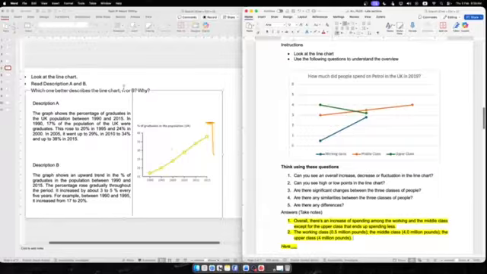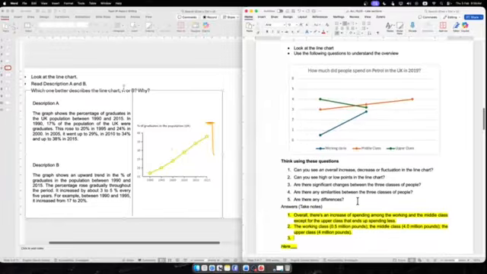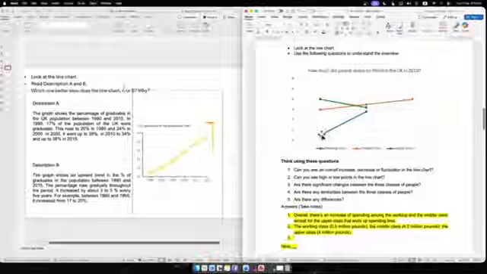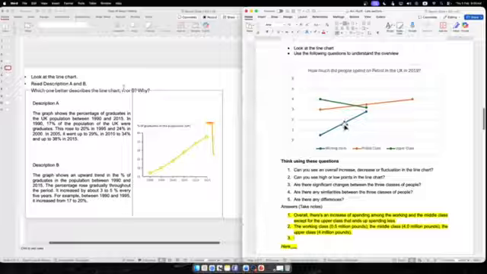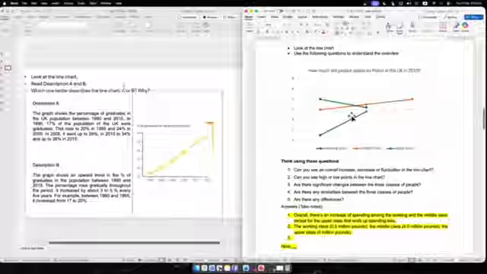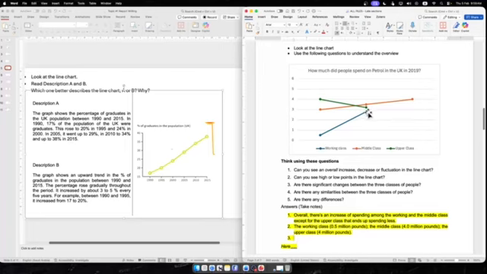All right. Okay. Are there any significant changes between the three classes? Let's take a look at the working class right here. See here, they started from £500,000 in the beginning of the year, but they increasingly spend more and more on petrol until by the end they ended approximately here. So 2.9. So let's approximate that and say £3 million.